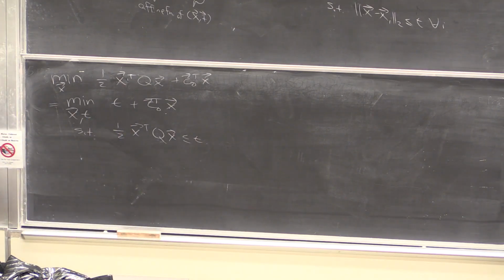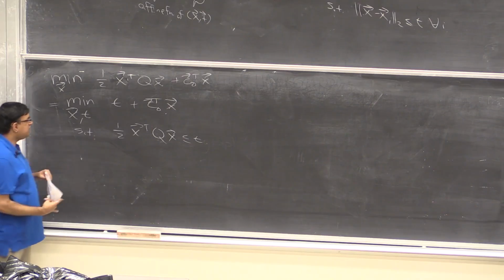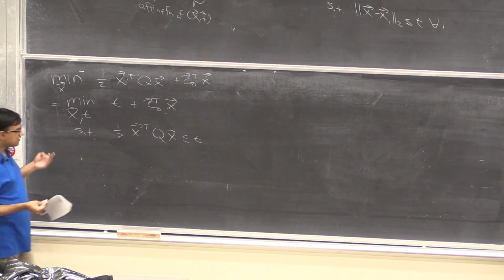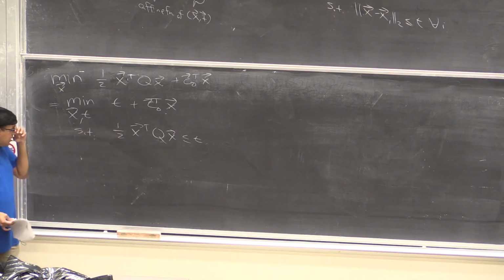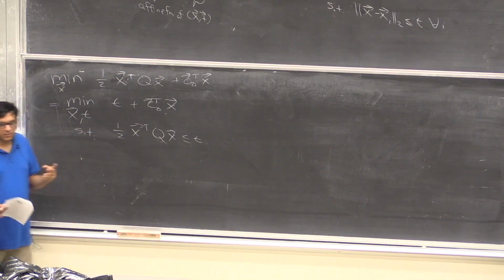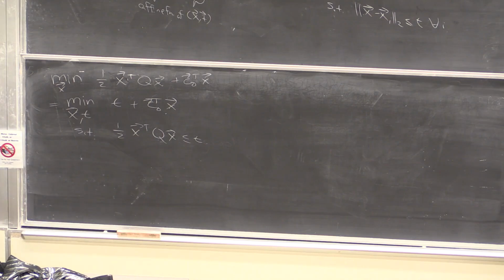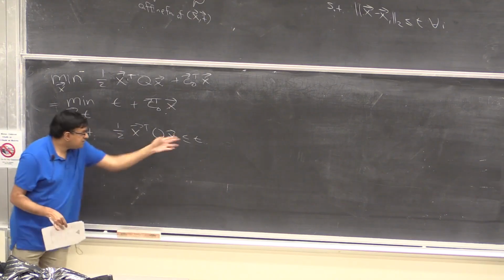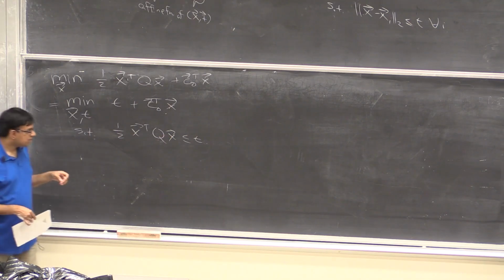So at minimum, the t star is going to be equal to 1/2 x star transpose Q x star. Okay, because you're going to find the optimal x, then you're going to make t as small as possible. Good. So the problem is now, how do we formulate this as a second order cone constraint?